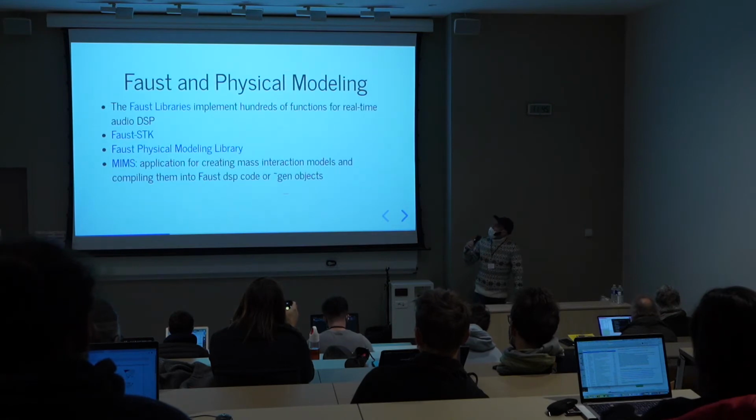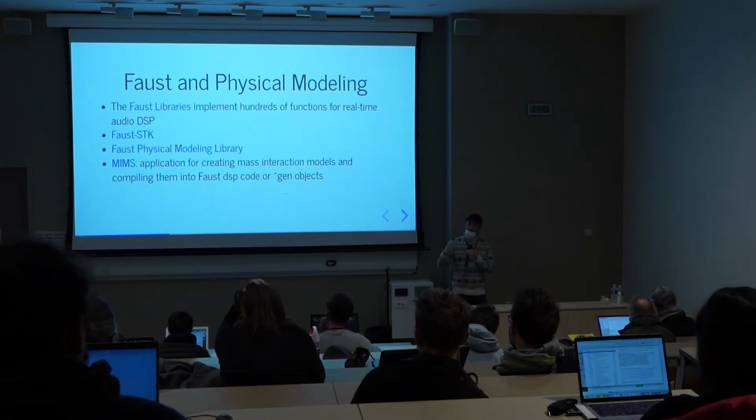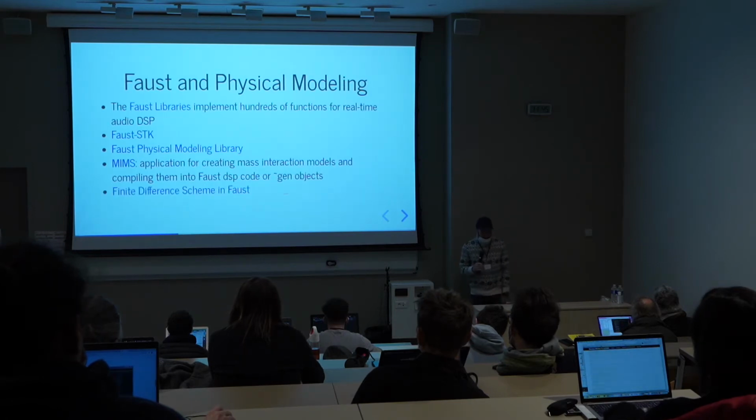And so with it, what you can do is just connect these masses and springs to create physical models. And then all the rendering is done in Faust, because what the user interface does is create Faust code that you can then compile and use with any Faust target that you might want to use.